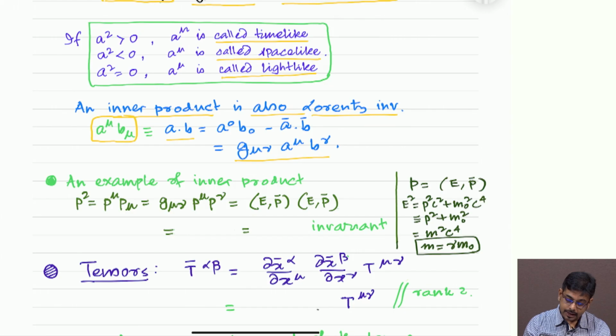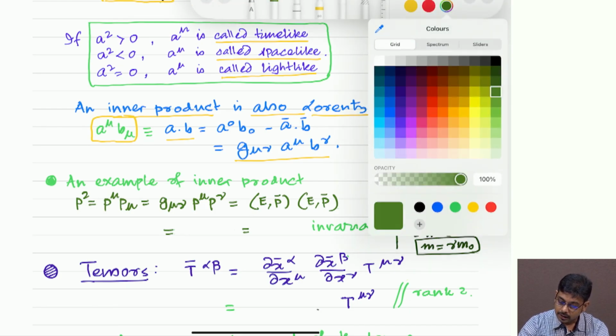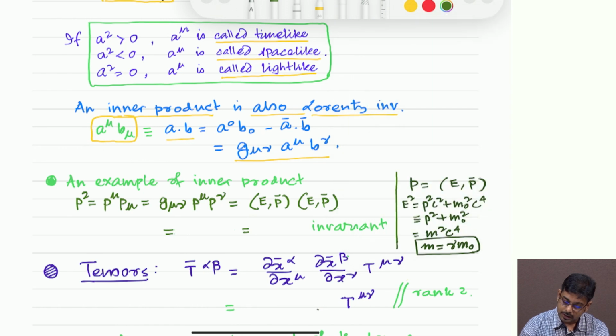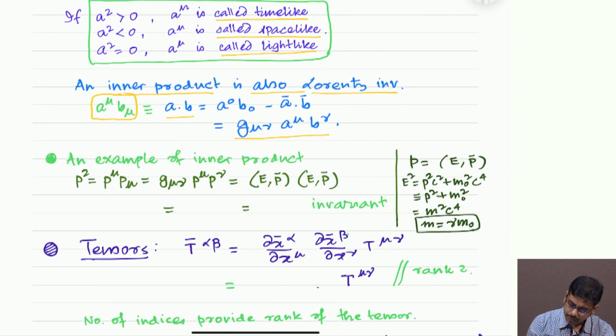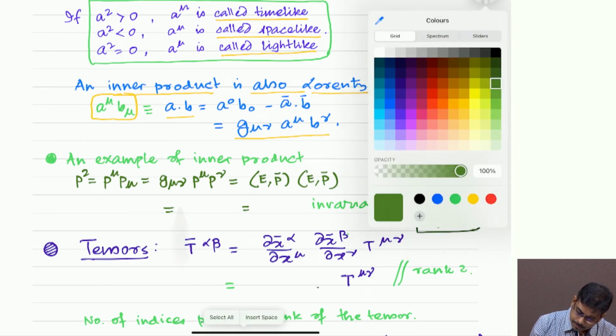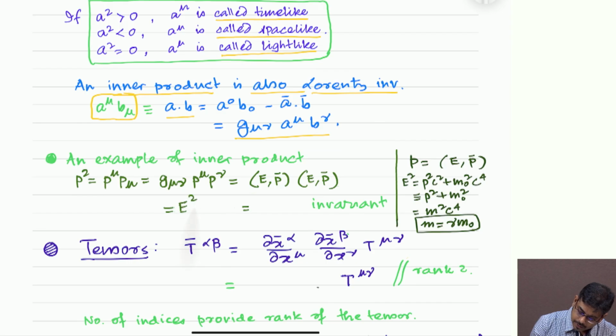So, these are examples. I will take another example. For example, the inner product p square, which is p mu p mu, the product of these 4-momenta, which is g mu nu p mu p nu in a sense, or you can say this is E comma p vector taken an inner product with E comma p vector, right. So, let us try to write what this quantity will be. Can you tell me? This will be simply E square minus p square.